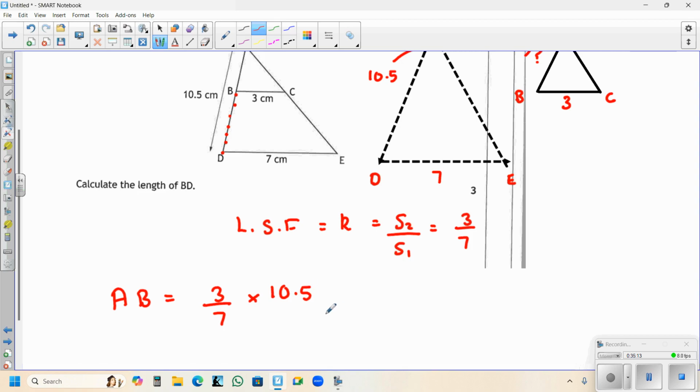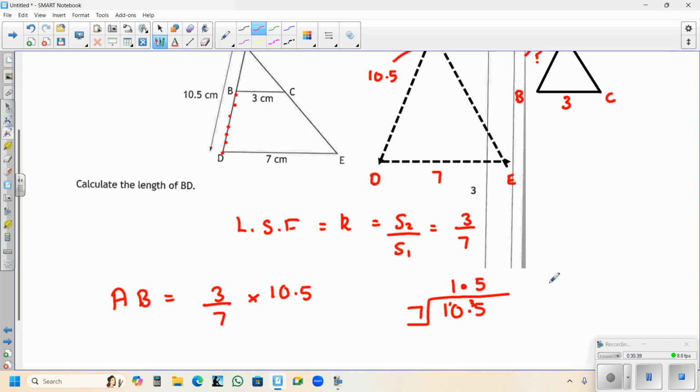A wee bit harder, it's the last question in the paper. So we're going to divide by 7 and times by 3. So 10.5 divided by 7. 1 divided by 7 can't go, carry it across. 10 divided by 7 goes once, and 3 left over. There's a wee decimal point there, we'll put the decimal point in. I've got 35 divided by 7. 7 5s are 35, so that gives us 1.5.